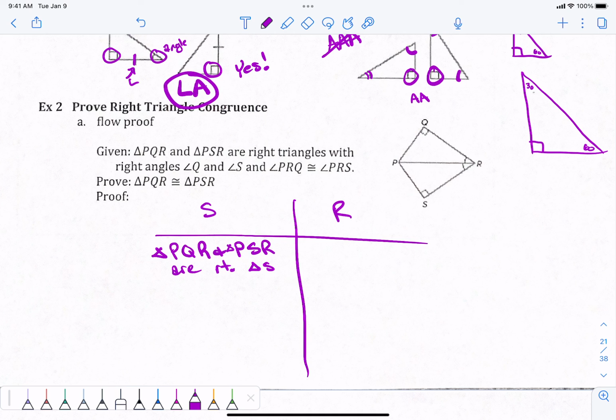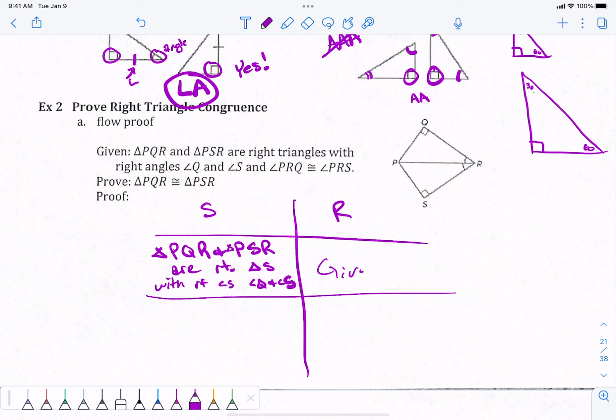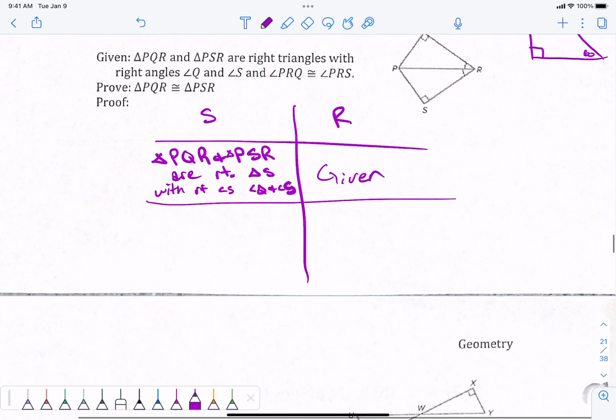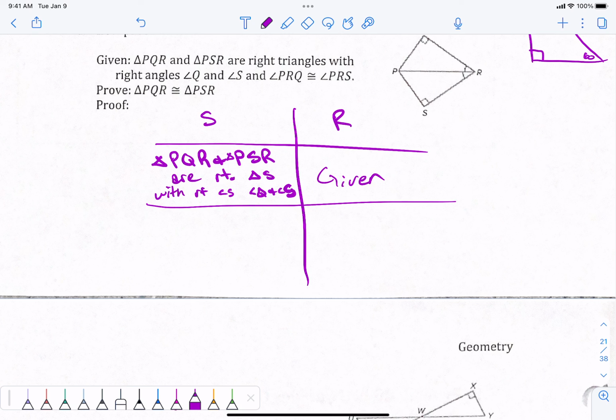We have to first establish that it's a right triangle. With right angles Q and S. That's given. Okay, so we have established that it's a right triangle.